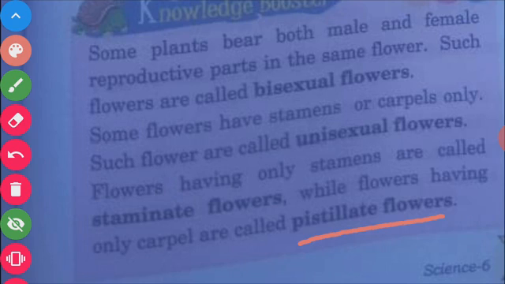In a unisexual flower, only stamens or carpels are present. If only stamens are present, that flower is known as a staminate flower. If only carpels are present, carpel is also known as pistil, that flower is known as a pistillate flower.